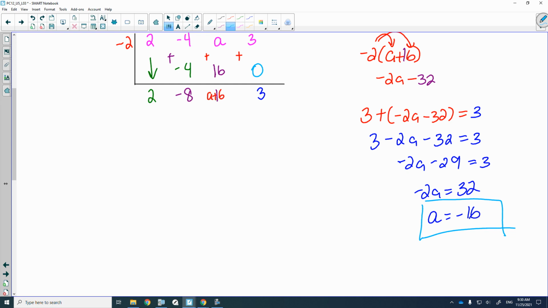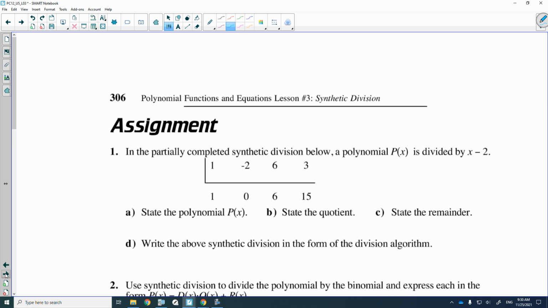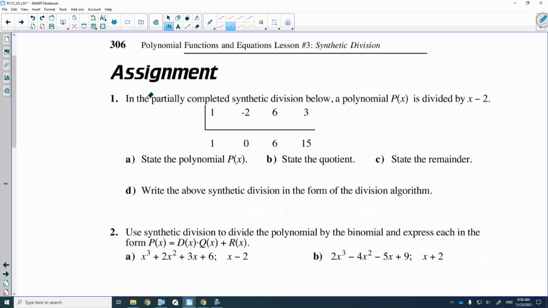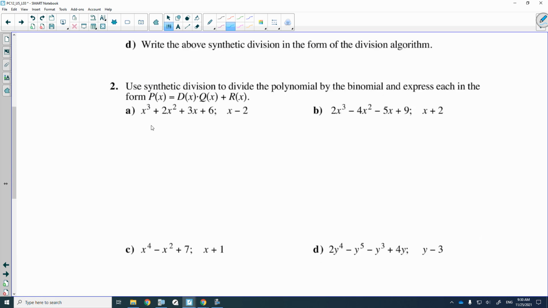So that is synthetic division. You choose what you like better. You could use either. Okay, your homework will be, so I want you to practice now for the next 15 minutes synthetic division. Circle number 1. Circle number 2 and write pick 2.